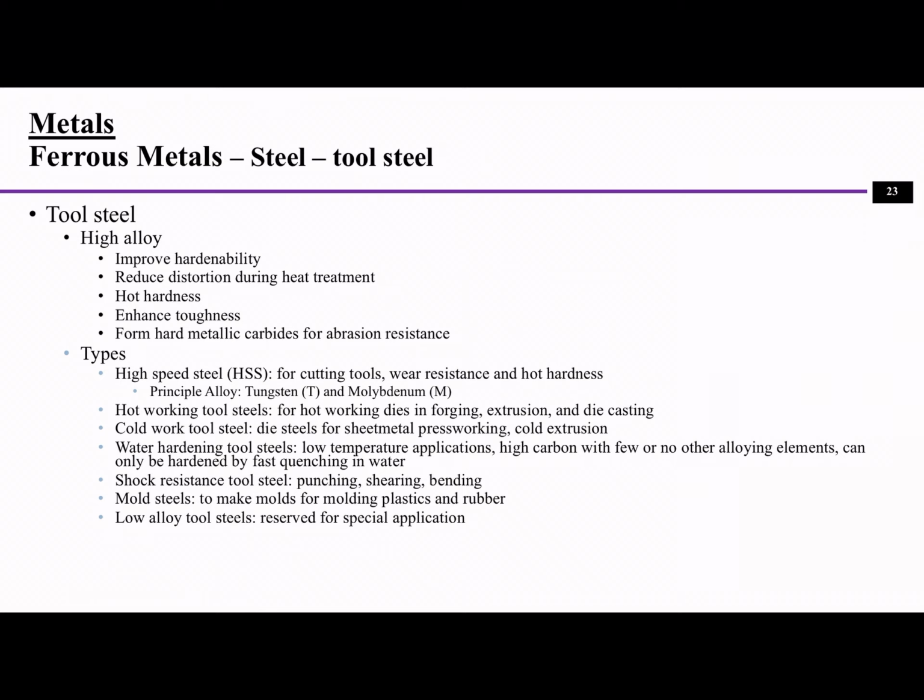That's why people have created tool steels that have more alloys in the steel, so they can enhance its properties. For example, hardenability, distortion resistance, hot hardness, toughness. And also abrasion resistance, right?